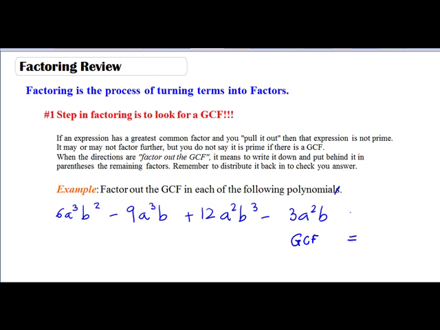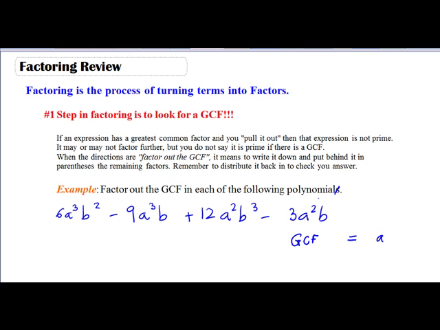The easiest way to do it is when the problem has variables, like this problem, we have A, B, which are the variables. Try to take care of that first. So you see A is the common factor because A belongs inside this term, and this term, and this term also. So A is common for all four terms.